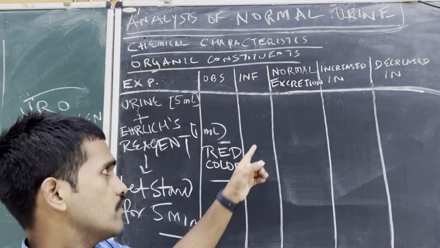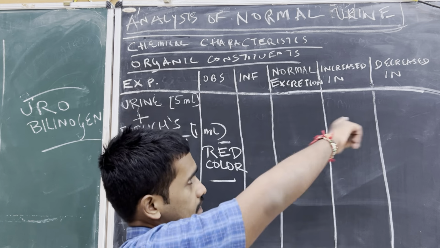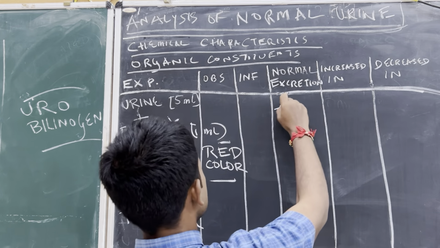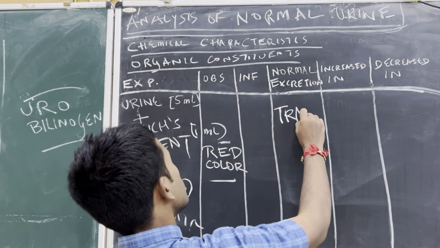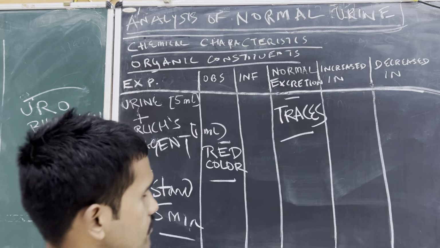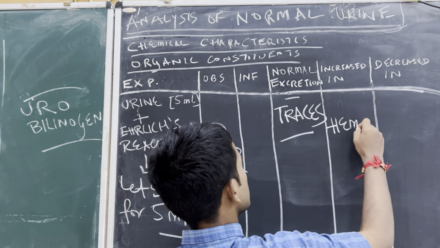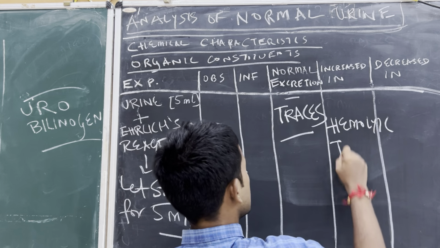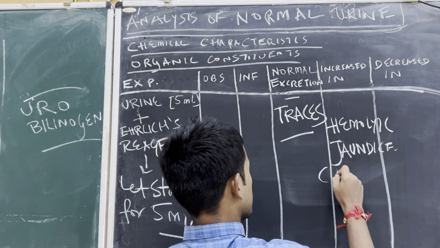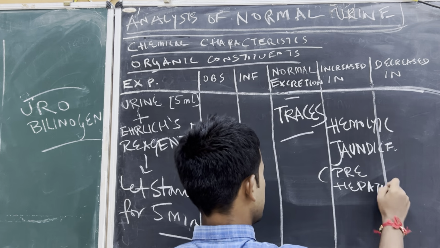Now finally, to the favorite question, what is the normal excretion and where it is increased and decreased. Normal excretion is traces. If it is increased, that is found in hemolytic jaundice, also known as prehepatic jaundice.